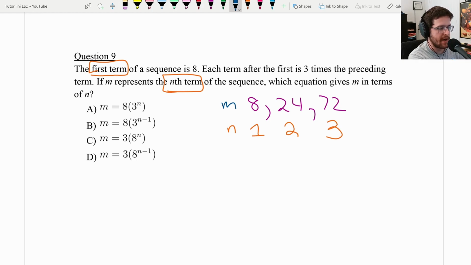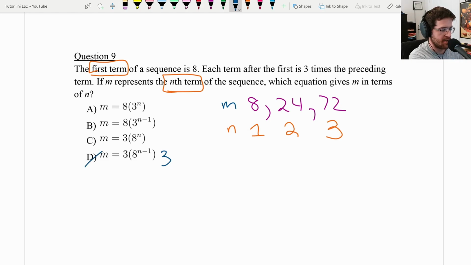So like 1, 8 should satisfy the equation. 2, 24 should satisfy the equation. Okay, so why don't I just go this way up? So if I plug in 1 to the first one, I get 3 times 8 to the 1 minus 1. So 3 times 1, which is just 3. And that is not right.